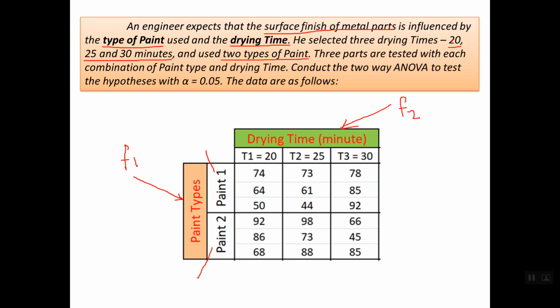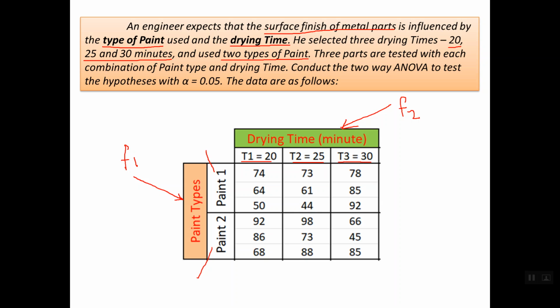So this factor contains 2 levels, while for the second factor, which is the drying time, we have 3 levels. The first one is the duration or the time, which is 20 minutes, and the second level is the time 25 minutes, and the third level is the 30 minutes drying time.